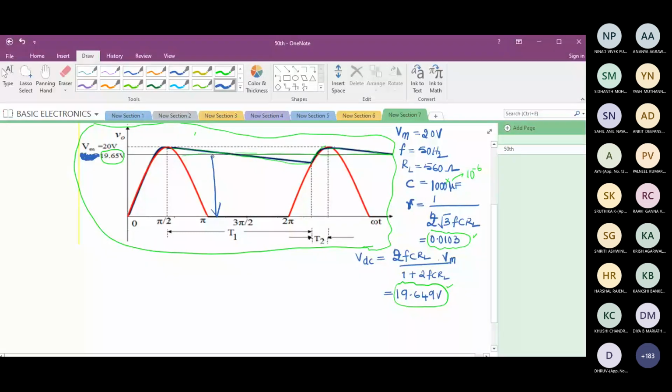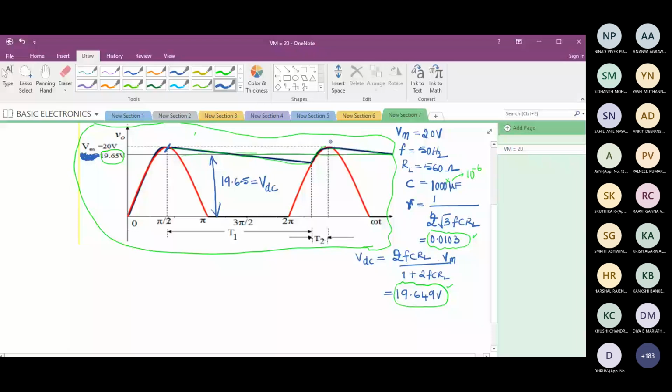Getting it? So this is your VDC actually. Average value, average or DC. Hope this concept is clear. The waveform concept. Fine. Apart from that, is this the peak value of the waveform?